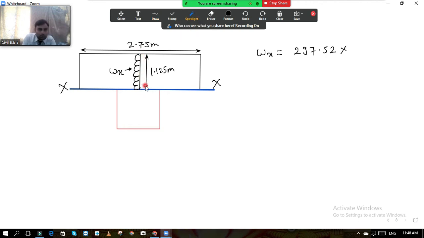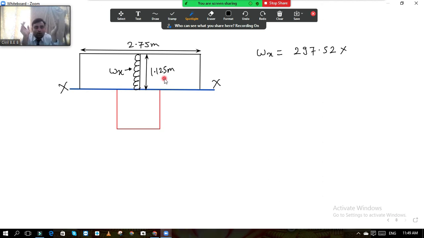Leave this length, and the remaining length is 2.75. So I need to multiply by 2.75 because I want the UDL on 1.125. If it were the opposite case, suppose we want to calculate the UDL on 2.75, then we would multiply this intensity by 1.125.